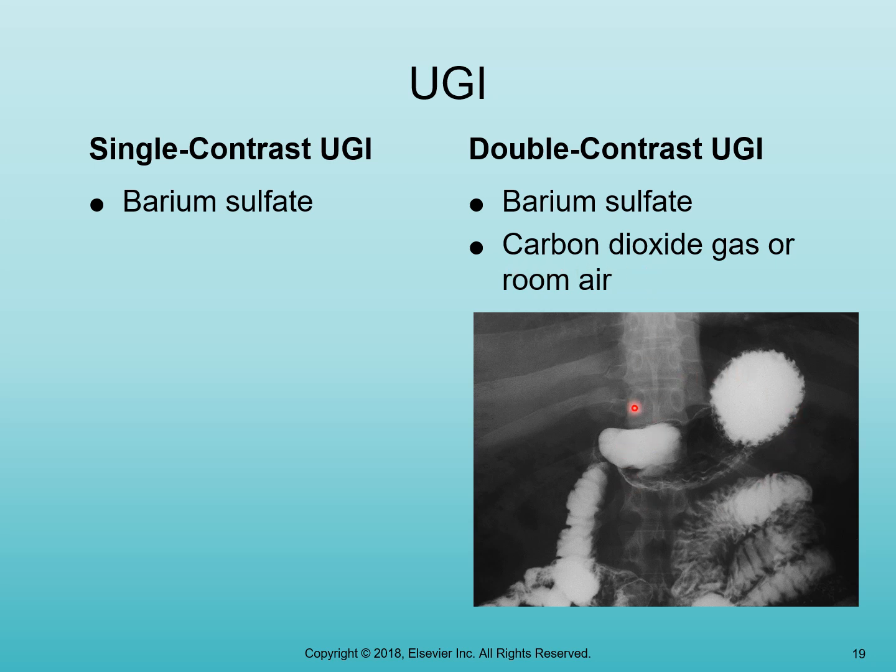You can see this is a double contrast study. So you've got barium in the fundus, and you've got air in the body and the pylorus. The pylorus has got a little bit of barium in there as it's passing through into the small intestine, but this is a double contrast study.